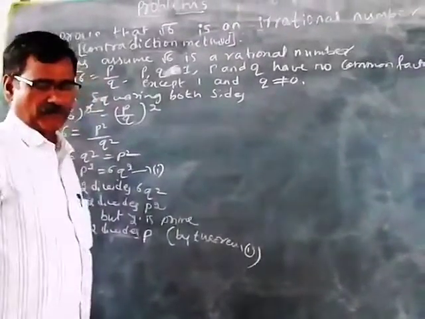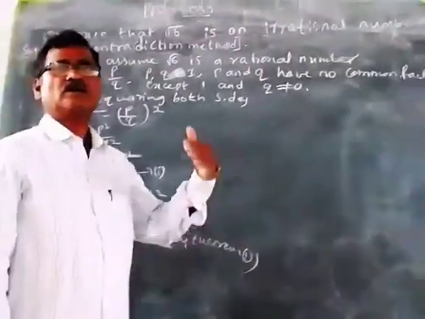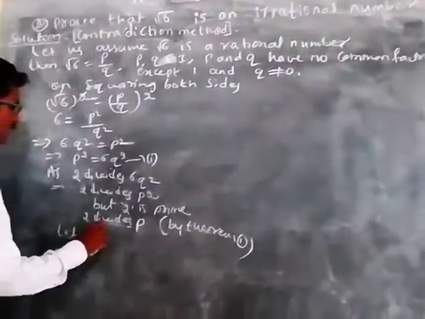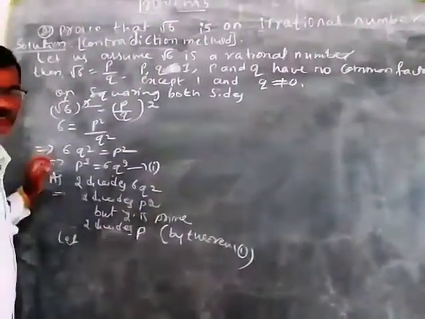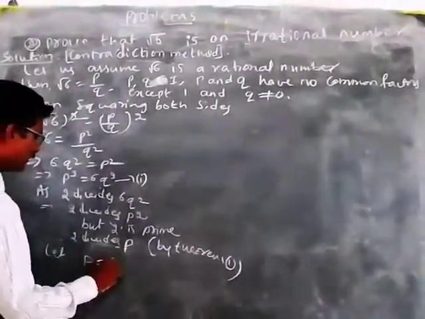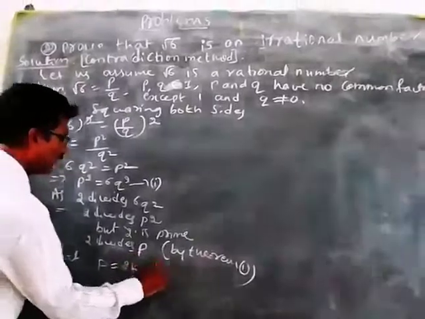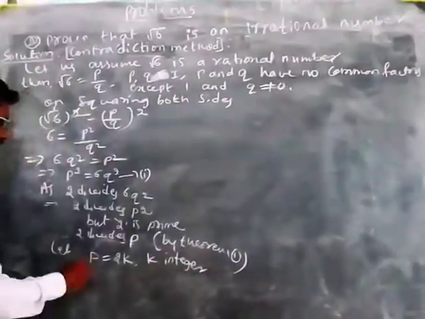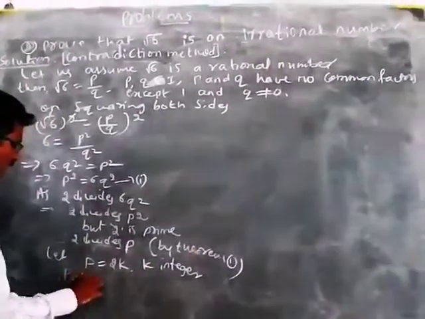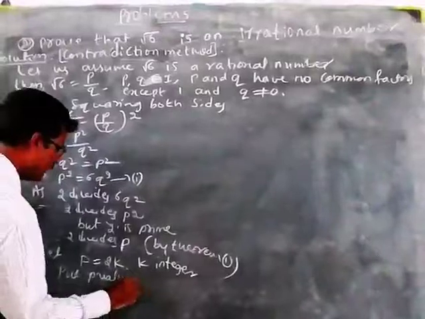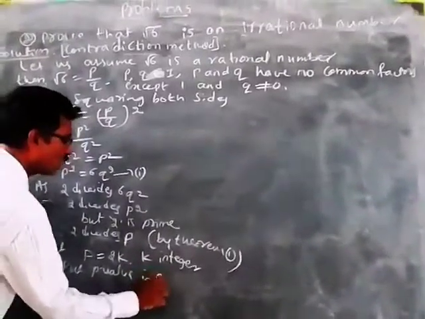Now let P be equal to another number, 2k, where k is an integer. Substitute the value of P in equation 1.